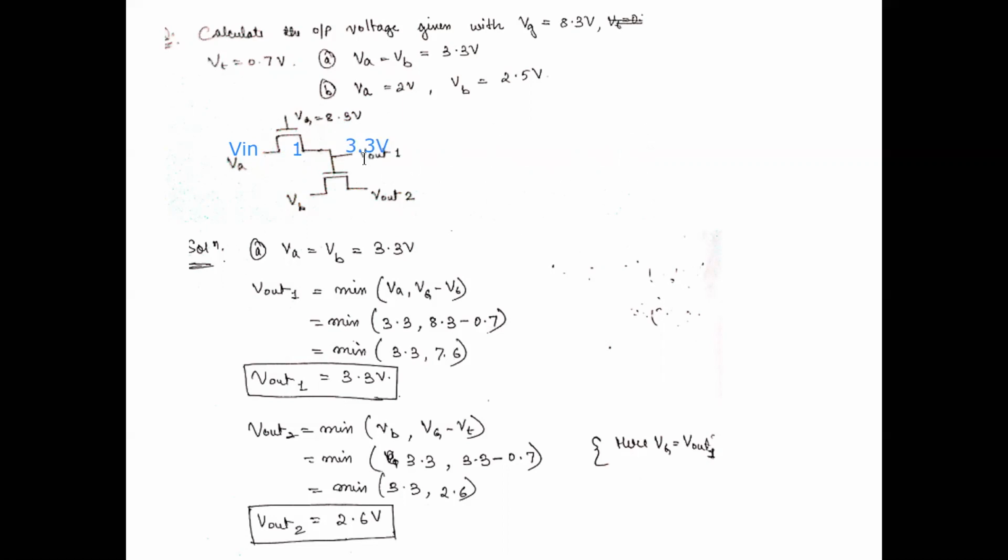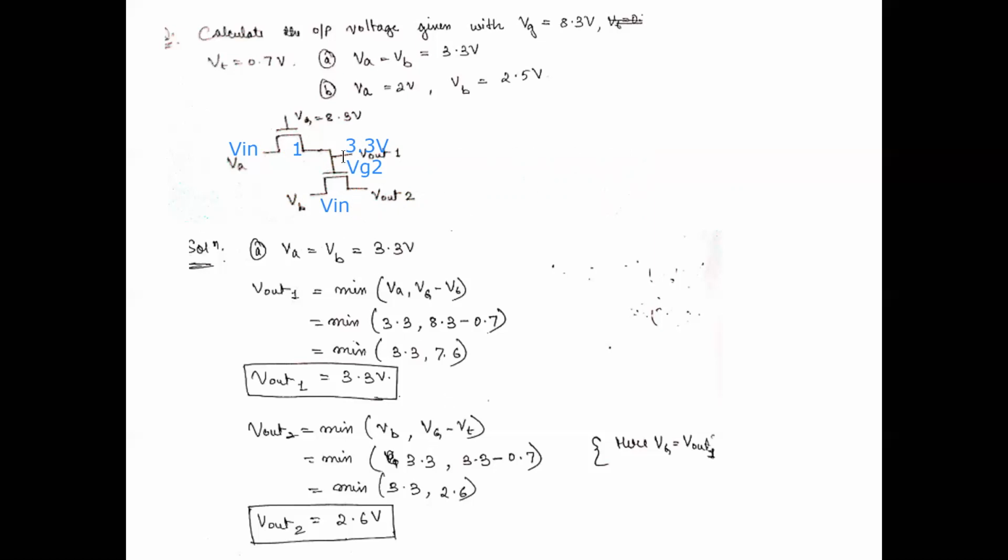Then this output of 3.3 is given to the Vg of the second transistor. Vg of the second transistor is nothing but 3.3. This is V in for the second one now, V in being VB, and V out will be the minimum of V in and Vg minus Vt.